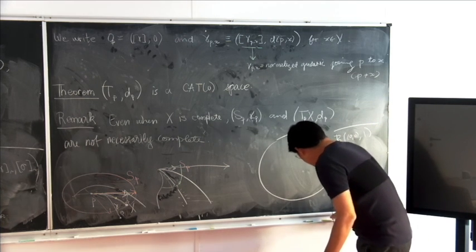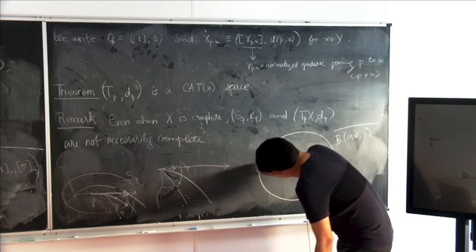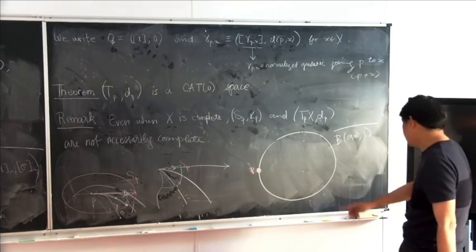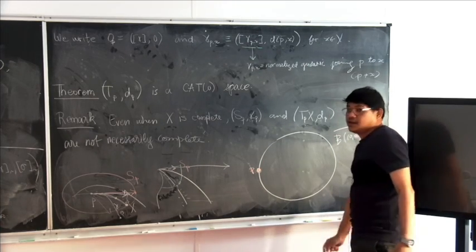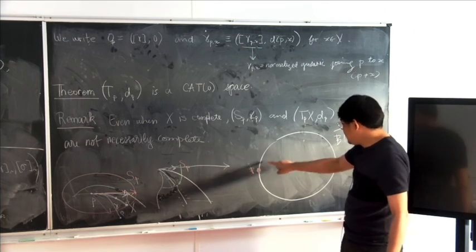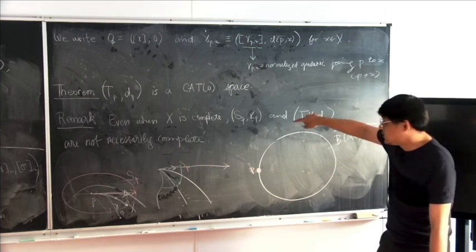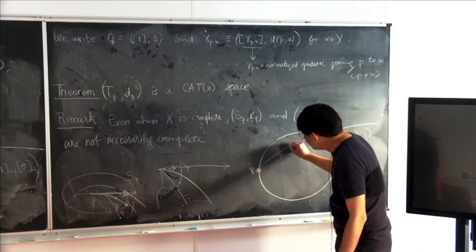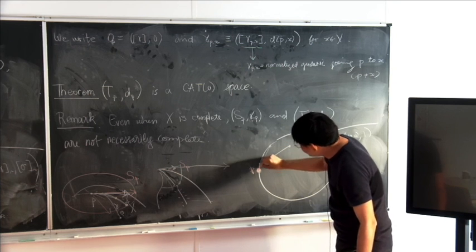Let me take a point P here. Actually, you can take any point on the boundary. What is GP here? GP will be the geodesics that go inside. It goes inside like this. It also goes to the boundary itself, but you will never get there.